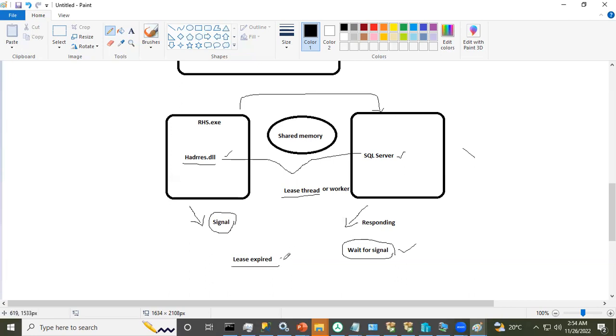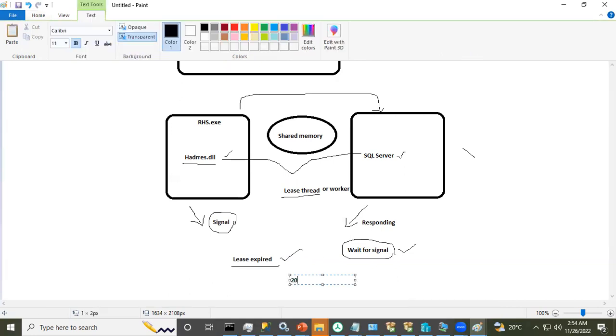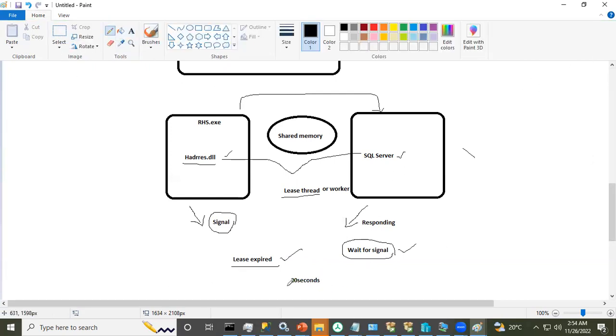So I'm talking about the lease. When this lease is considered expired, there is a time limit of 20 seconds by default. You can increase it, but I'm not going to talk about increasing it now. Let's consider the 20 seconds default configuration.